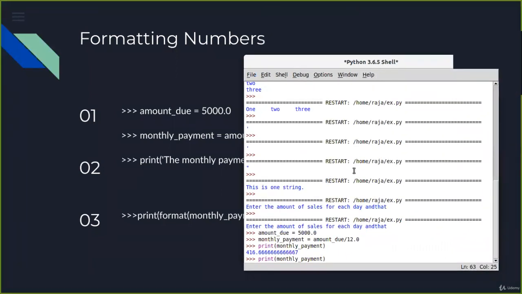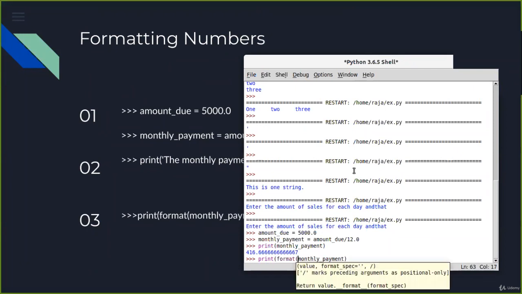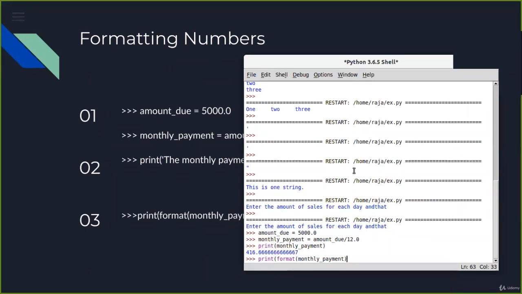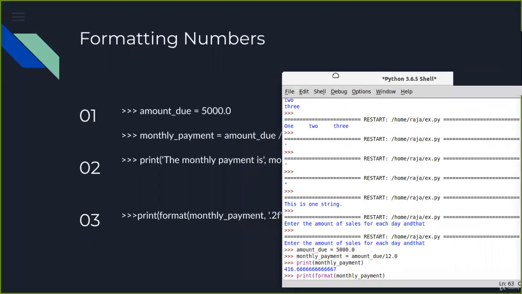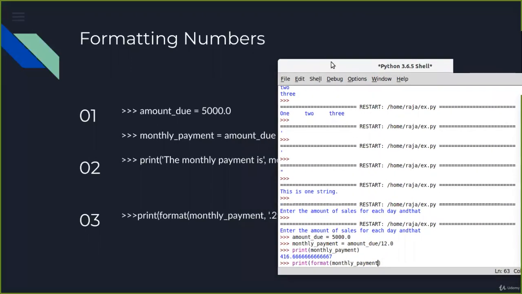Print, and inside my print statement, I'll have to use another function or a keyword called format, and here I will have to specify what is the type of format that I am expecting.